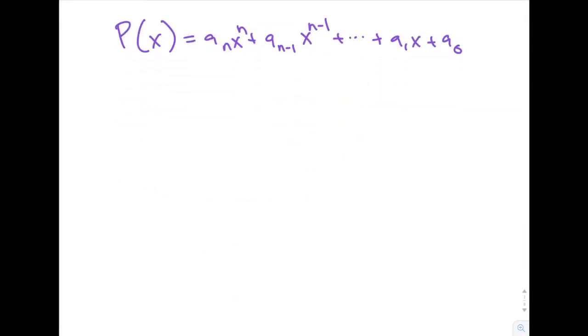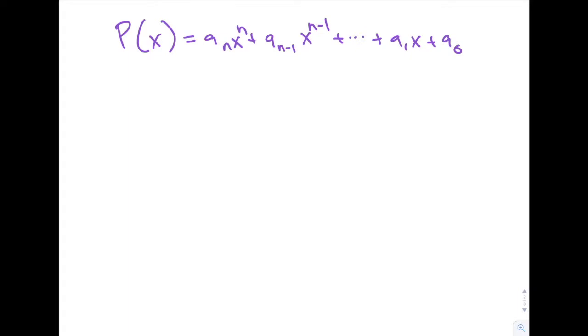So we know polynomial functions of degree n look in general like this. We start with some constant and some variable to the nth power, and then another constant with a variable to the n minus 1th power, and so forth. We've talked about polynomial functions of degree 0 and 1.